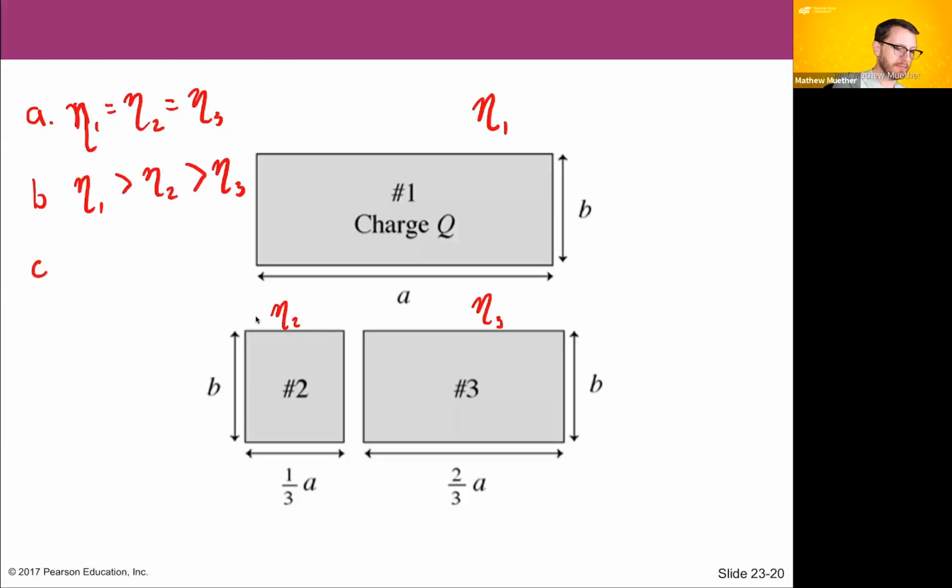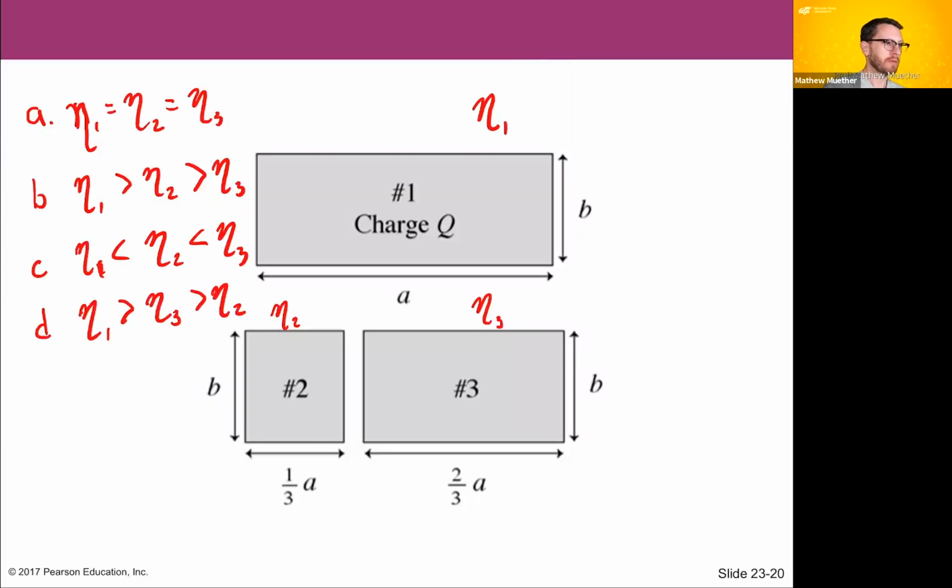Or maybe C, I've got surface charge density 1 is less than surface charge density 2 is less than surface charge density 3. Or D, I'm going to have something like surface charge density 1 is greater than surface charge density 3 is greater than surface charge density 2.